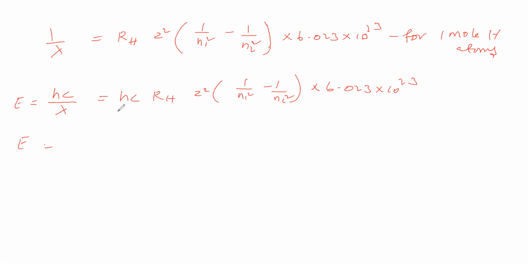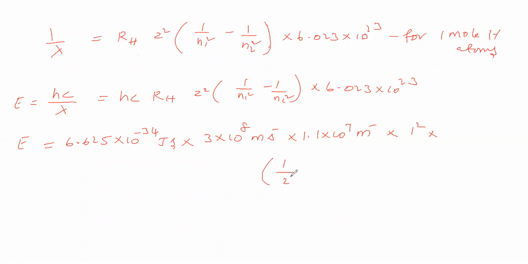So E is equal to h, Planck's constant, 6.625 into 10 power minus 34 joule second. c is the velocity of light, 3 into 10 to the power of 8 meter per second. RH is 1.1 into 10 to the power of 7 per meter. And Z is for hydrogen, therefore atomic number is 1. n1 is the lower level, that is 2. n2 is the higher level, that is 3.